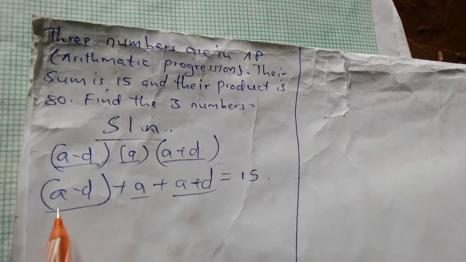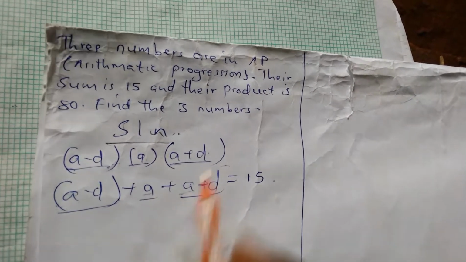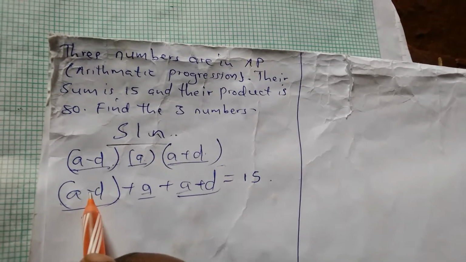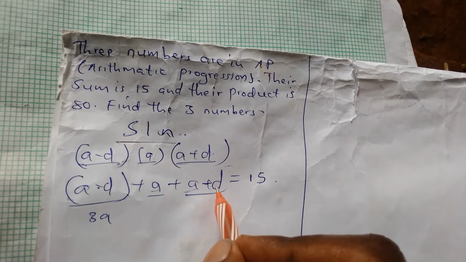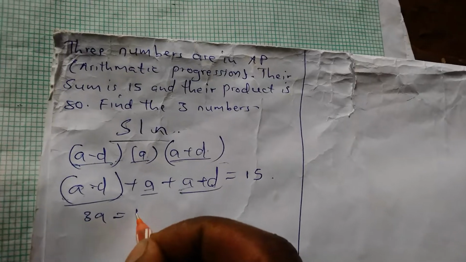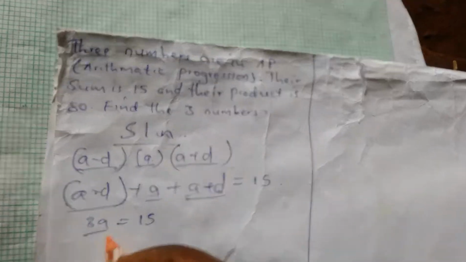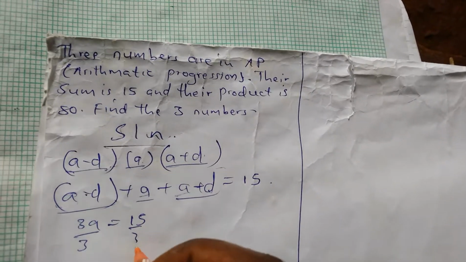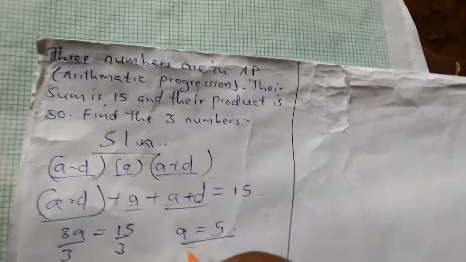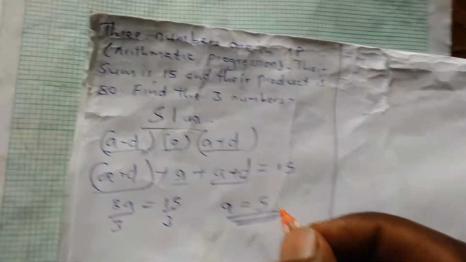So we are just going to say A plus A plus A, you get 3A, negative D plus D, we are done with this, that is 0. So we equate this one to 15. Dividing each side by 3, you are just going to remain with A is equals to 5. That is the value of A.